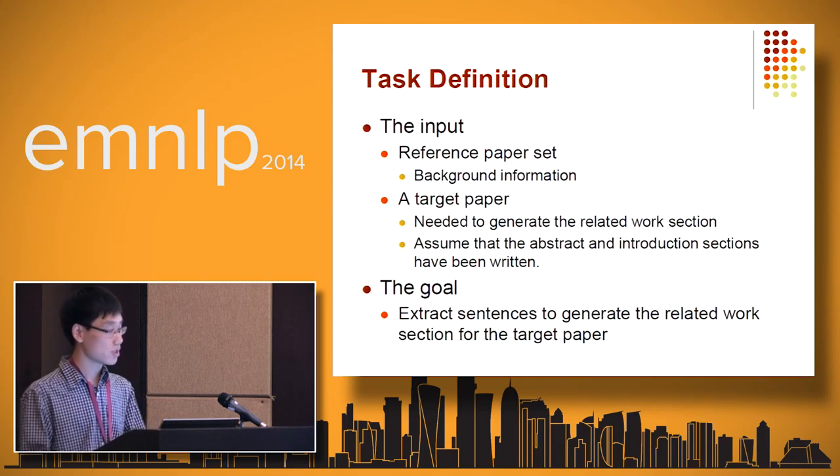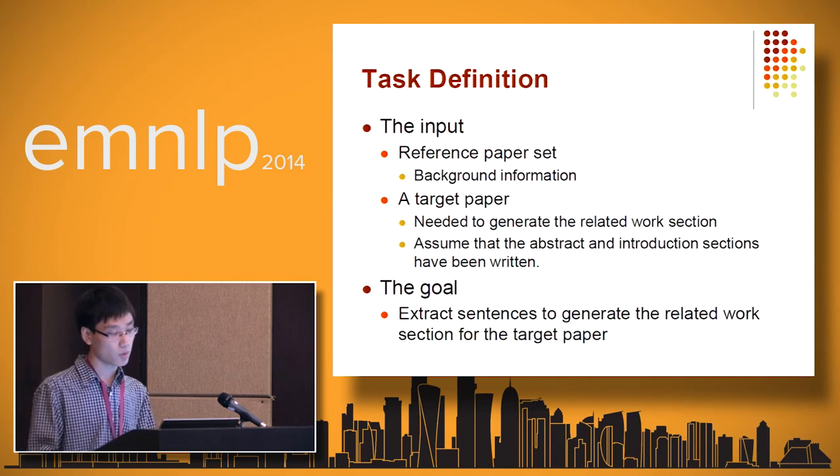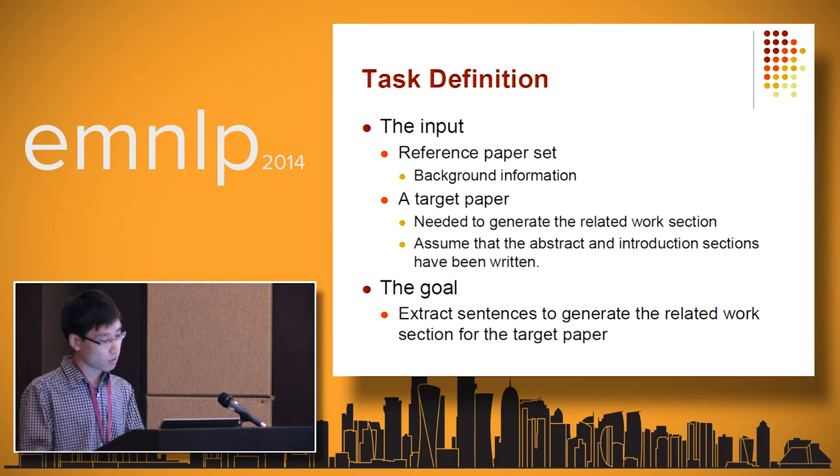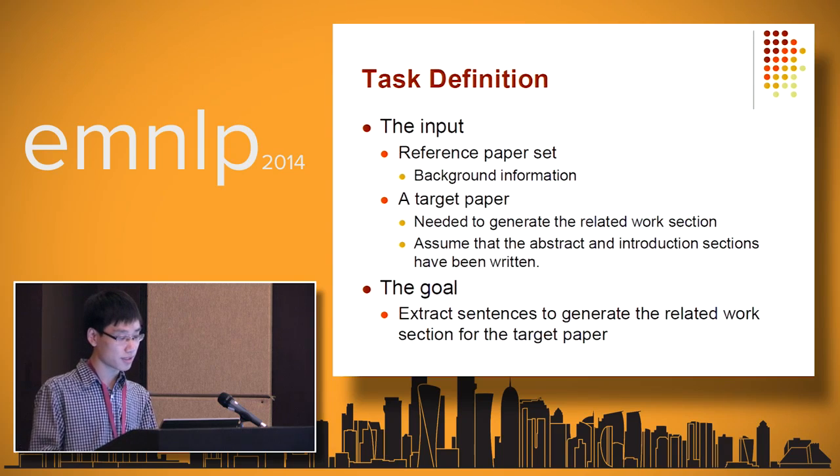This is reasonable because most authors have already written their abstract and introduction when they want to write the related work section. So our goal is to extract sentences to generate the related work section. Here we can regard it as an extractive summarization problem.